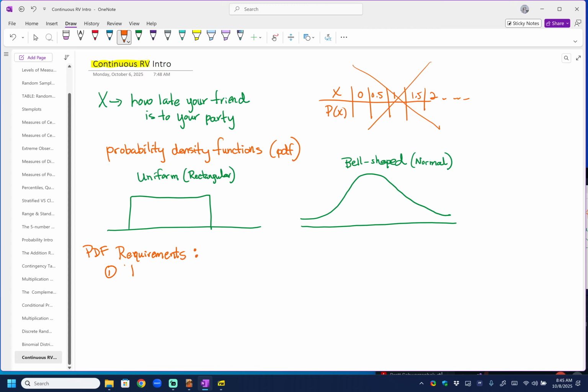Okay, 1, the total area under the curve must be 1. This is a very convenient number. Why? Because when we were doing these tables right here, what was the sum of all the probabilities?